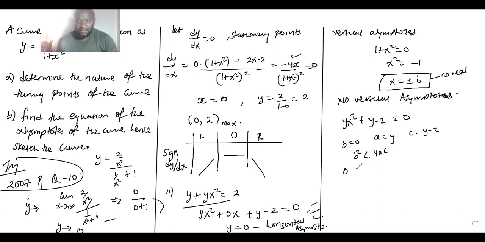So you'd get 0 is less than 4 of y into y minus 2. You'd get 0 is less than y and y minus 2. So the critical points become y is 0 and y is 2. Then you investigate. If you recall how to investigate, let me investigate this right here.